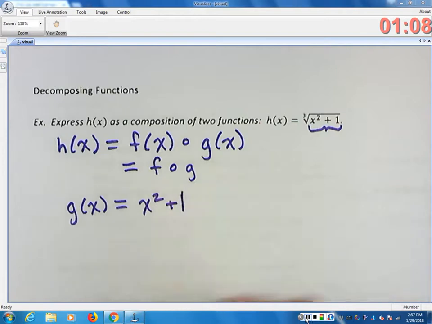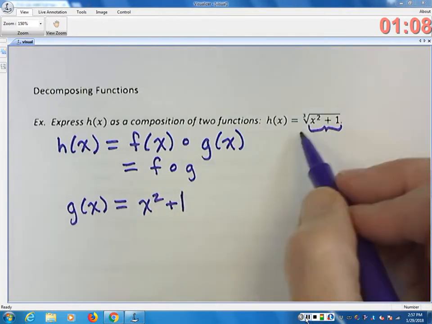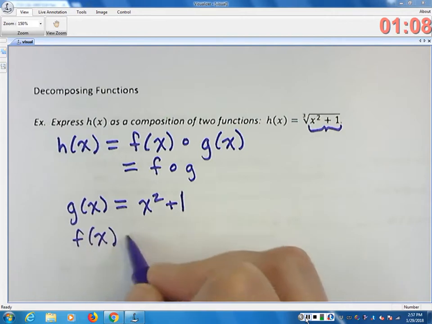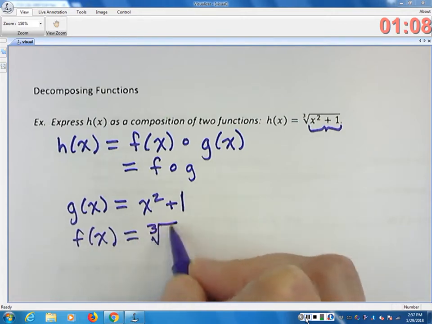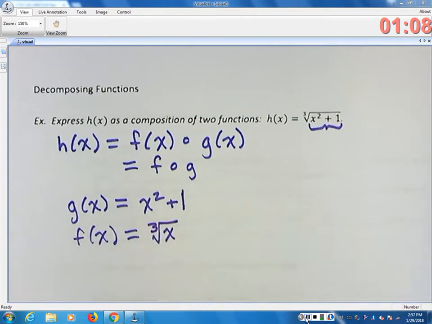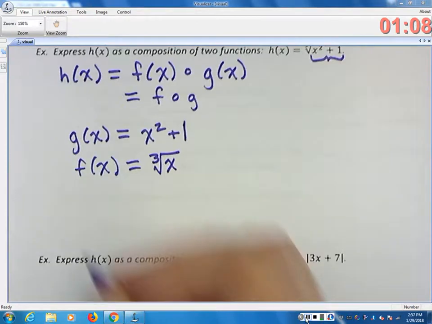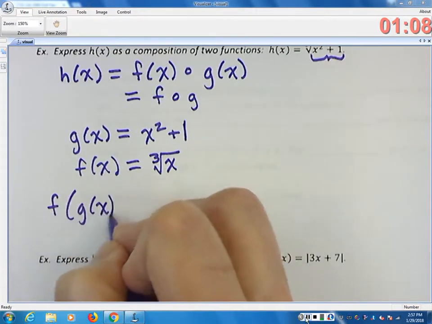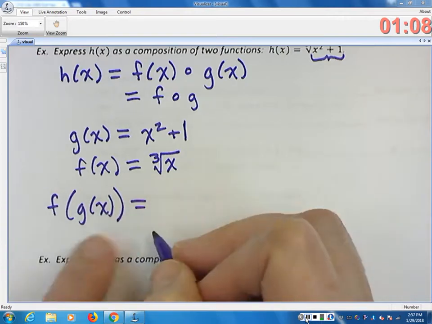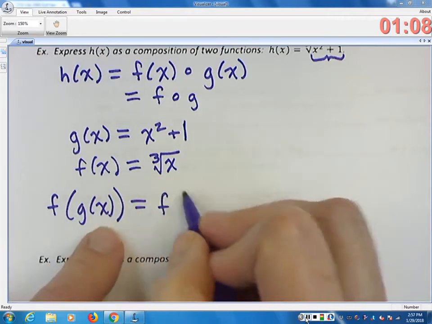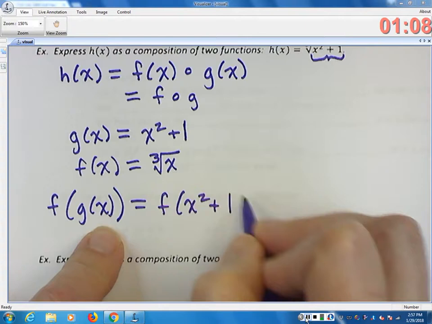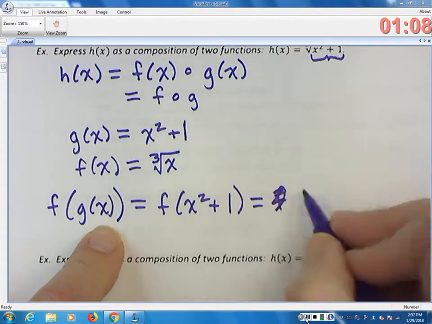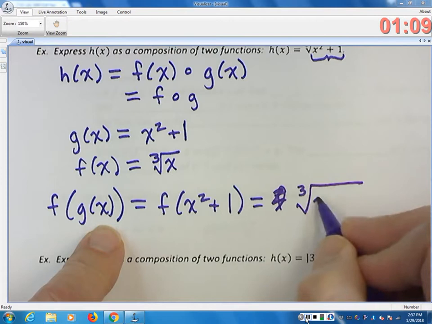And then let's try it. f of x should be the outer function. f of x should be the cube root of x. And then try it. f of g of x would be f of x squared plus 1, which would be the cube root of x squared plus 1.